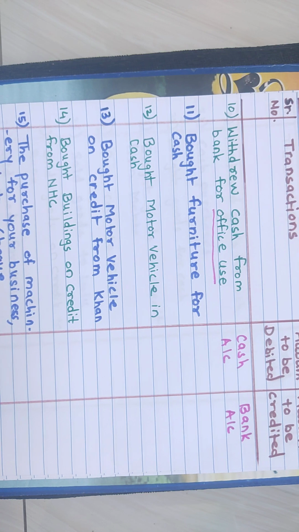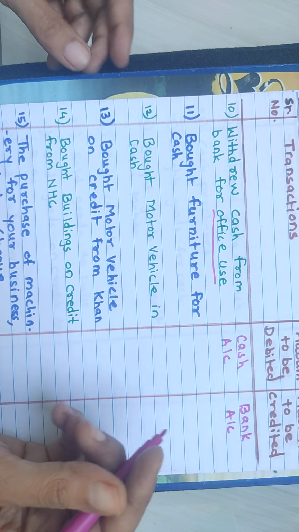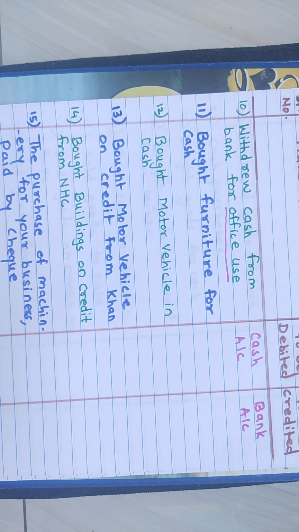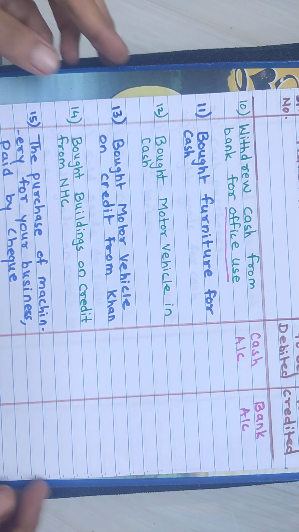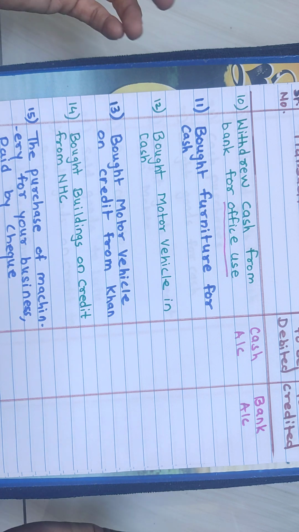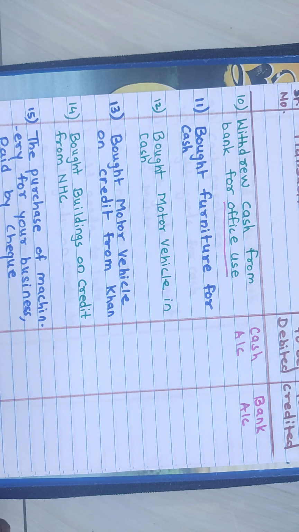Next one, bought furniture for cash. Now remember student, quickly revise. Real account rule, debit what comes in and credit what goes out. So whenever any asset when we purchase, we have to give debit to that asset account because it comes into the business, and what goes out of the business?